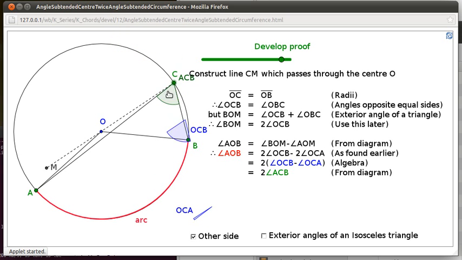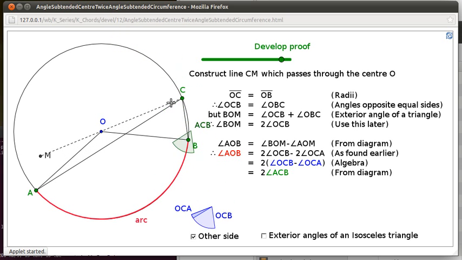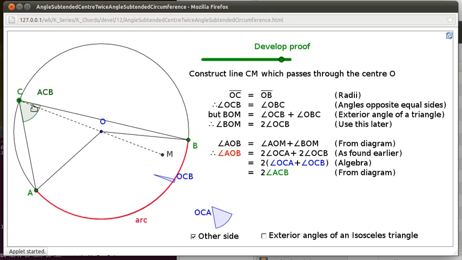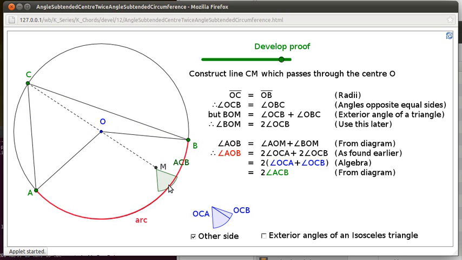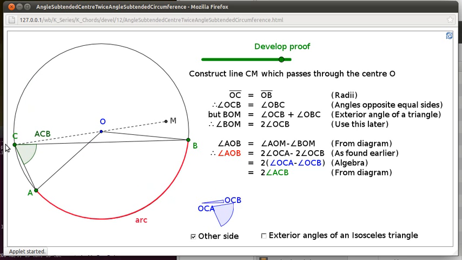And back over, if you put it over here, you see that ACB is equal to OCB, the big blue angle, minus the little blue angle. And put it over this side, the names of the angles change, but ACB is OCA minus OCB.